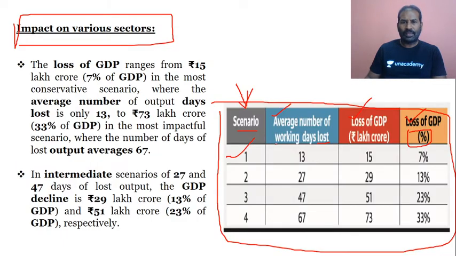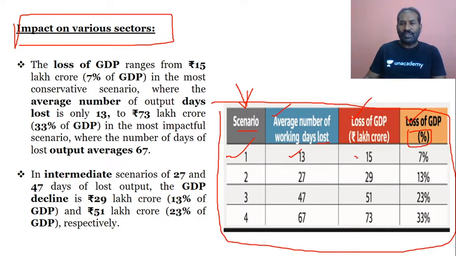So in the first scenario, because of the national lockdown, if the loss of working days is 13 days, what will be the loss of GDP in lakh crores?